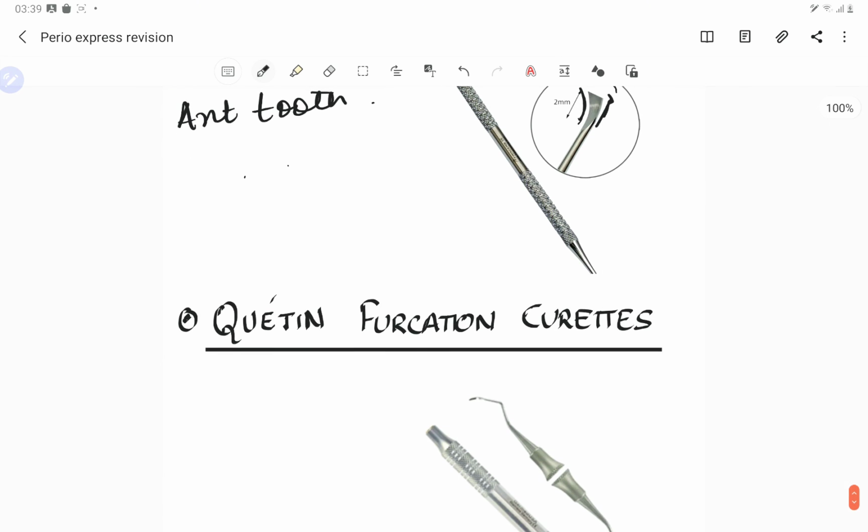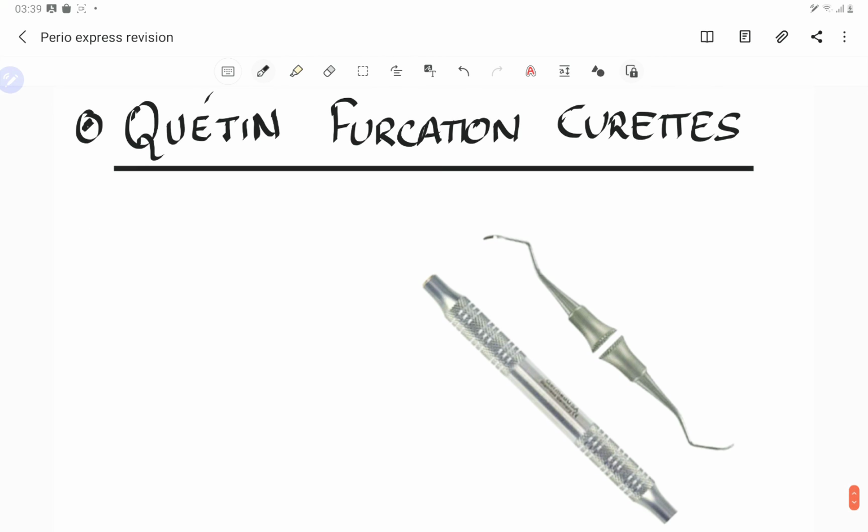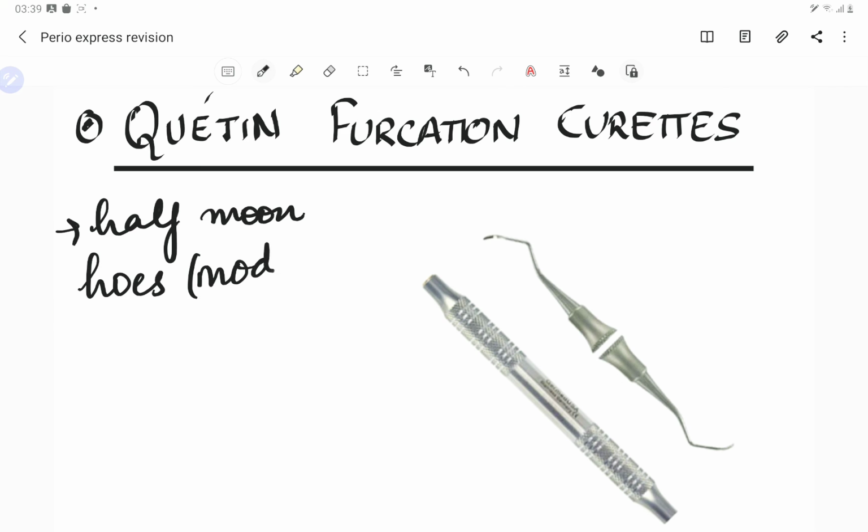Next one we have are the furcation curettes. So guys, these are the half moon radius, and they are hoes with a half moon radius, basically modified hoes, you can say.